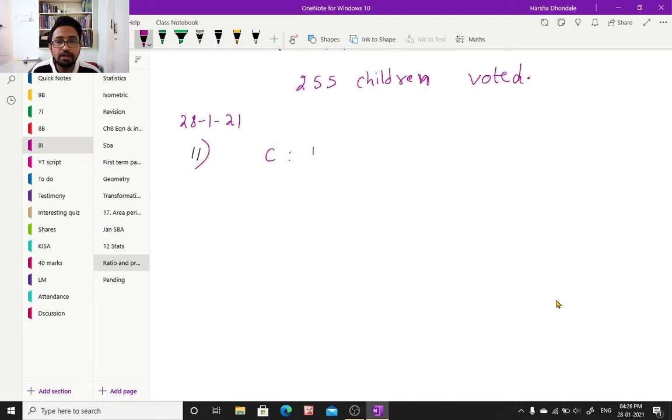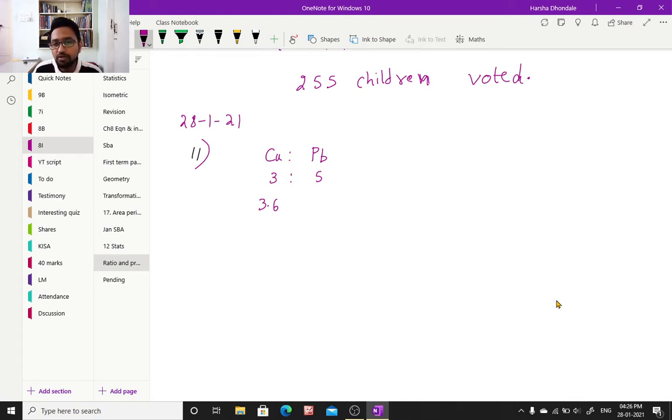This alloy contains copper and lead in the ratio 3:5. Then the block contains 3.6 kg of copper, so how much lead does it contain?